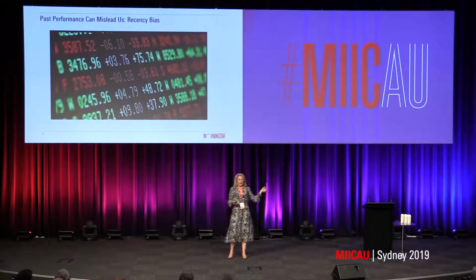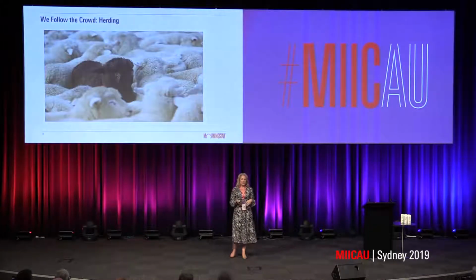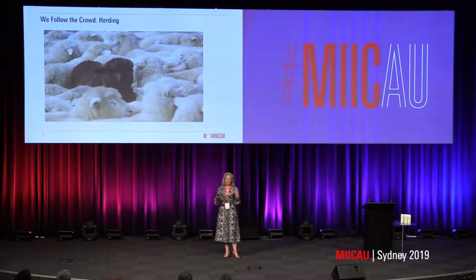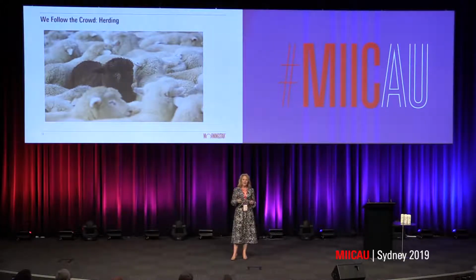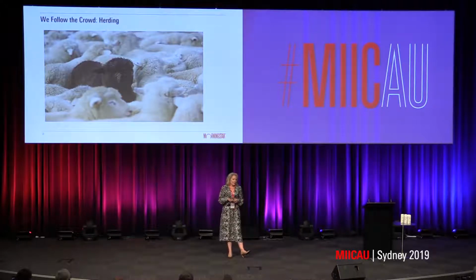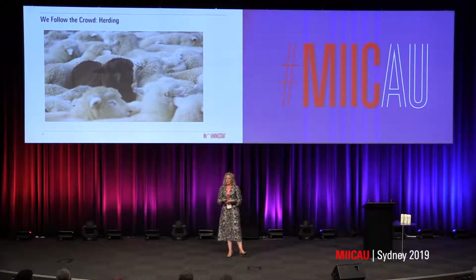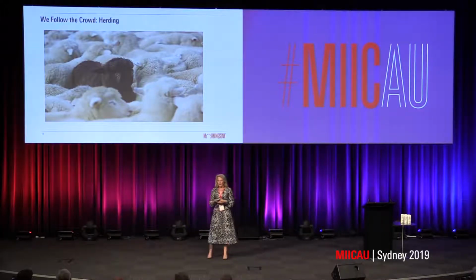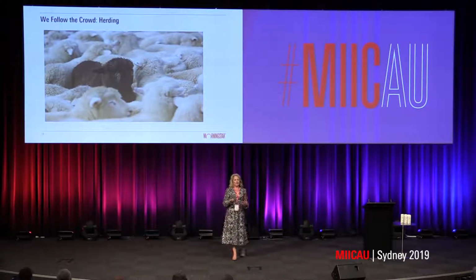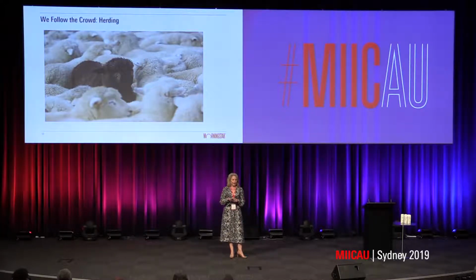I'm going to now lead into the next bias, which is following the crowd, which is quite nicely interlinked to recency bias. I'm going to tell you a story about the dot-com boom. In 1996, there was an Australian tech stock called Sausage that launched its IPO, just as the dot-com boom was taking off. Obviously, in the US, the dot-com boom was pretty significant as well.